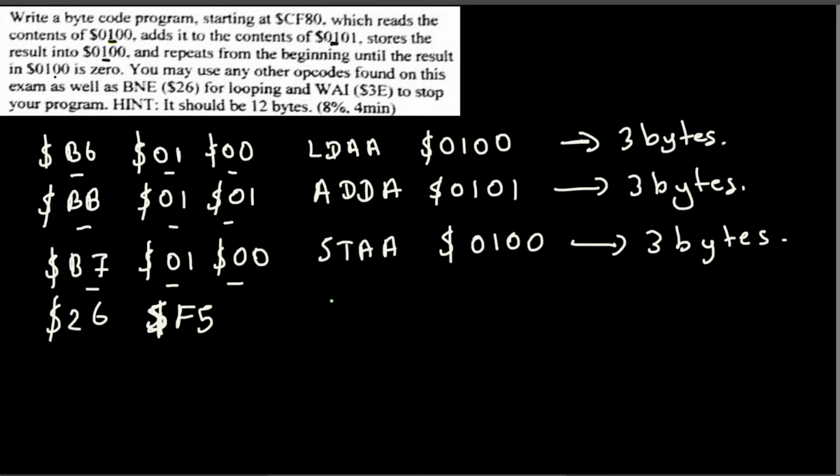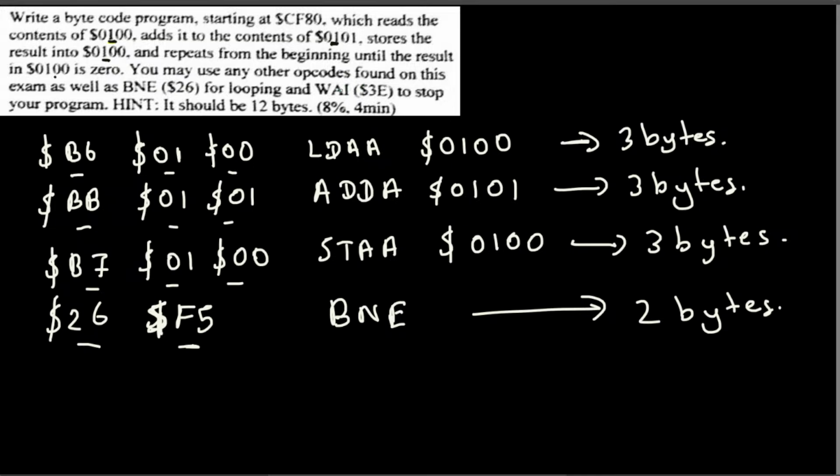Okay, this one is BNE, and here we are just repeating. So there's nothing we are doing here. We're just giving this command that it's only going to exit when it equals 0, otherwise it's going to keep on branching. For this one, we take 2 bytes. Totally we have 3 bytes, 3 bytes, 3 bytes, 9 bytes, and 2 bytes, 11.